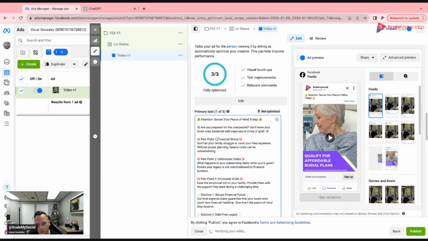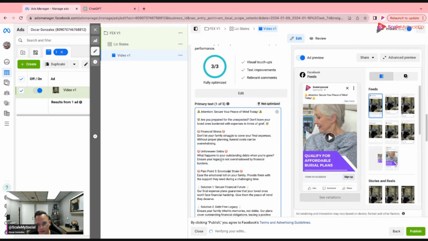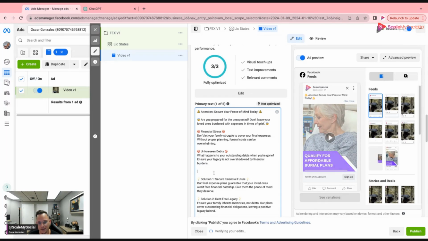So I maybe will remove this, right? Because I don't want to necessarily say the words pain point, but I do like the way that this is kind of set up. And maybe we just need 2 of them, maybe we don't need all 3. So I'll just go in and delete that one.